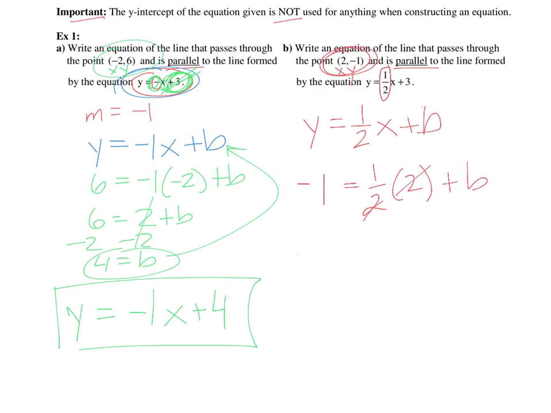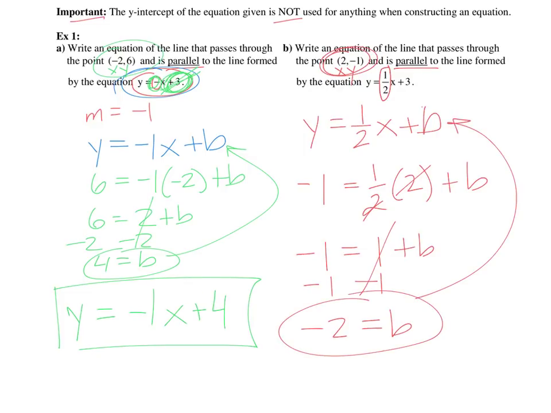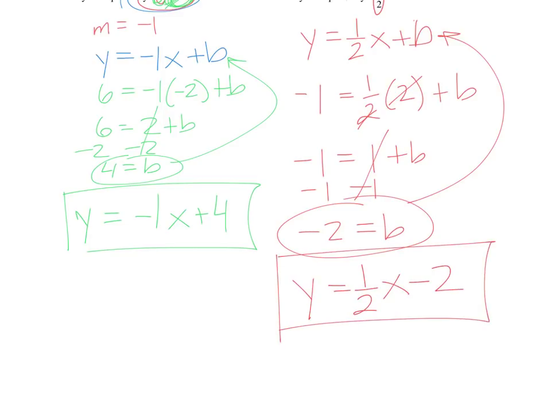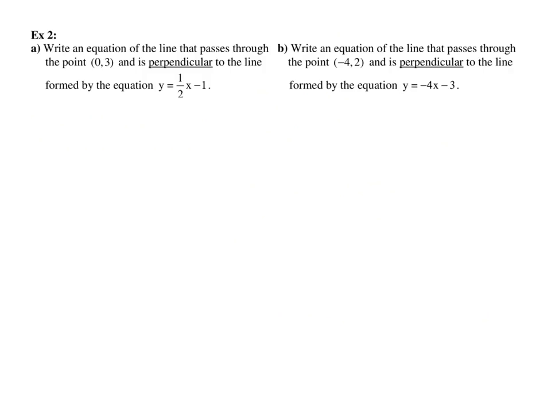These cancel out. I'm left with -1 is equal to 1 plus b, subtract 1, and I get -2 is equal to b. So I'm going to take my b value and plug it in. y is equal to half x minus 2. Completed the equation. Done.